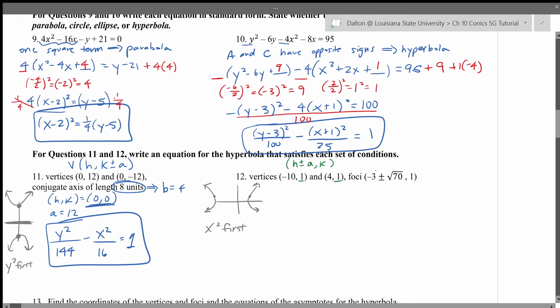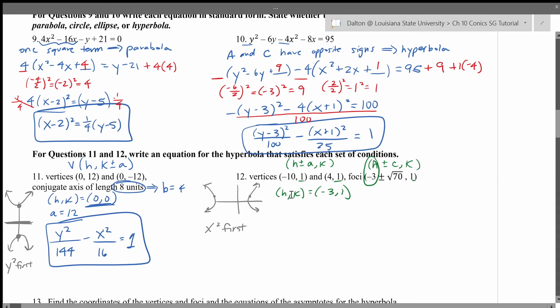If you look at our foci, in a hyperbola they are given by h plus or minus c, comma, k. So again, we already know k is 1, so h must be -3, and c must be the square root of 70. So if I write that information down, we know that h, k is -3, 1. That's just given from the information that we can deduce from the vertices and the foci.